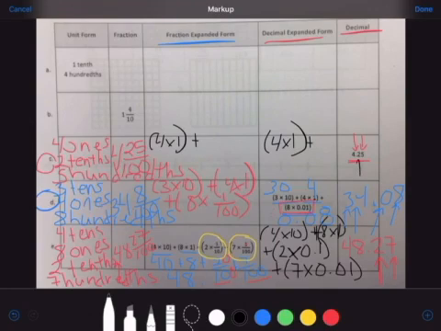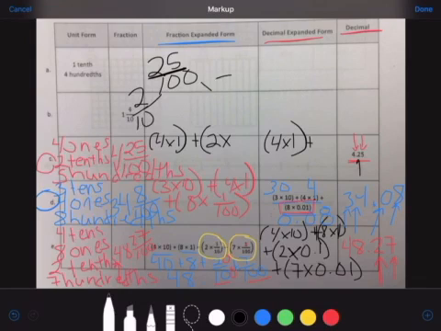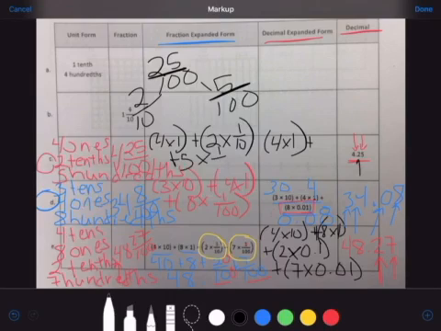Then I've got to deal with the 2, right? So I'm going to go plus parentheses 2 times. In the fraction, you have to know that 25 hundredths as a fraction can be decomposed into 2/10 and 5 hundredths. So I'm going to do 2 times 1/10 in my fraction expanded form plus 5 times 1/100th in my fraction expanded form.